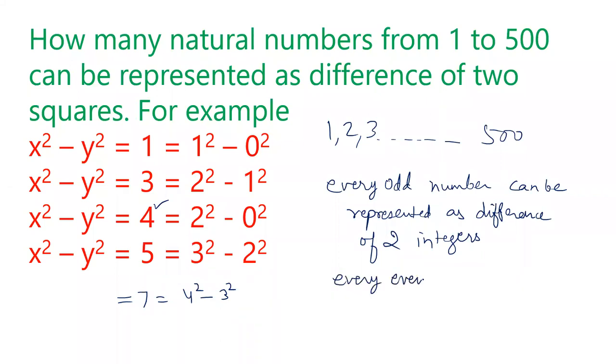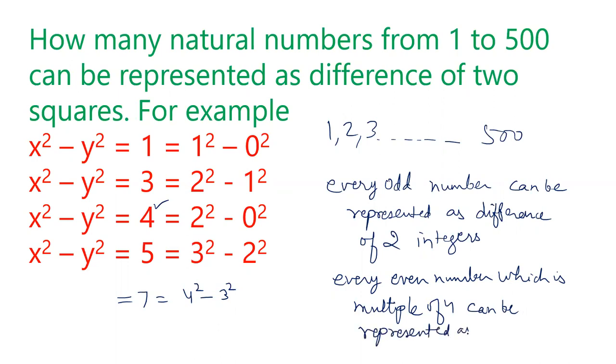Every even number which is a multiple of 4 can be represented as the difference of two squares of integers. So squares of integers, we have to write squares of integers. Remember, otherwise, if we have fractional values, then every number can be represented.